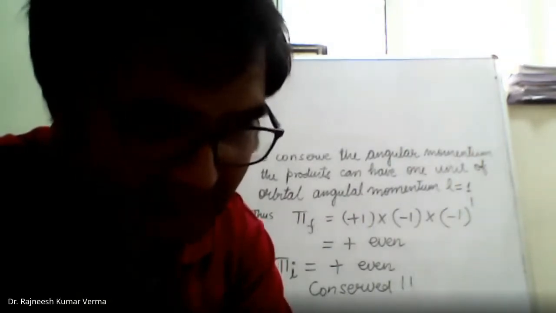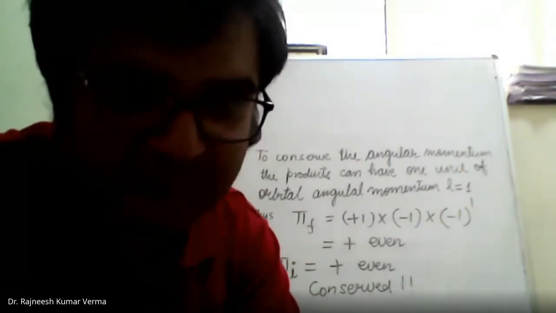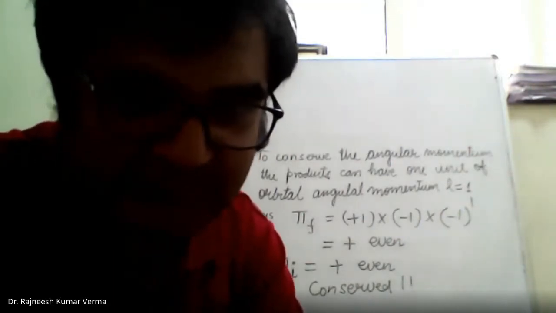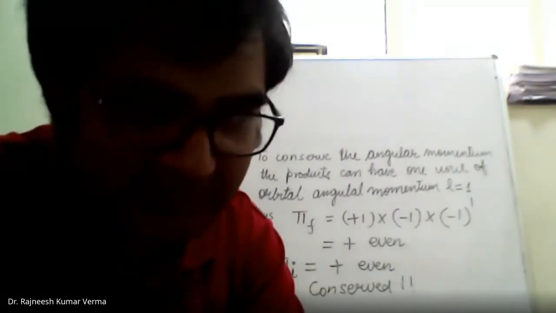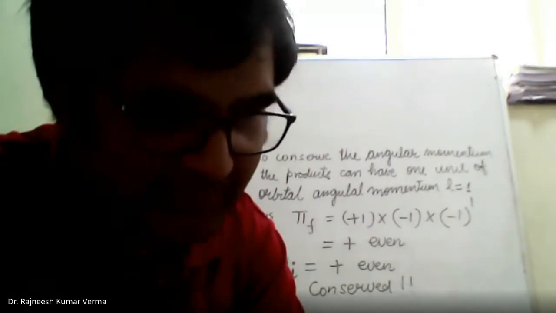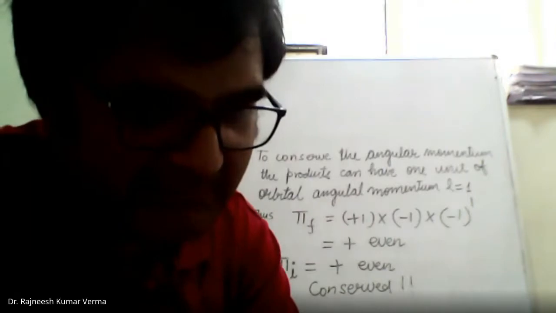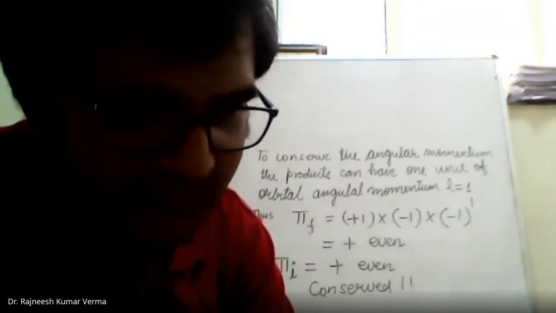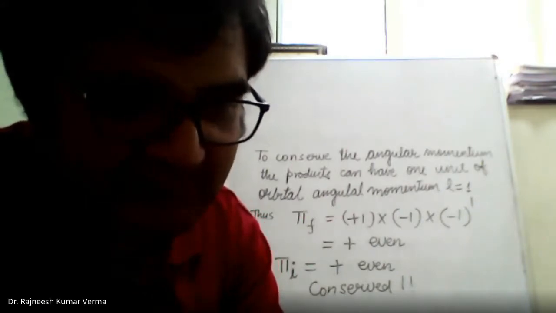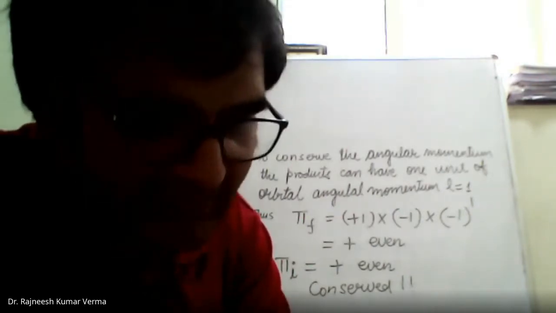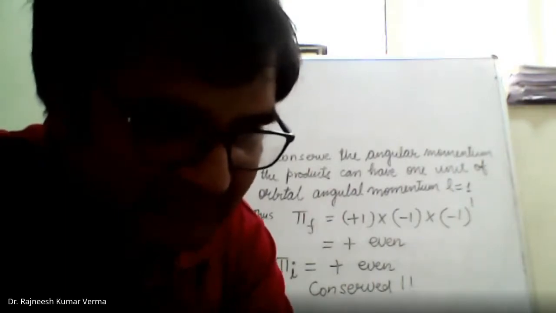It is seen from the spin quantum numbers that we require one more unit for the products in order to conserve angular momentum. Actually, we can have one unit of orbital angular momentum to conserve the total angular momentum. That is why we are saying that L is equal to 1 in the form of some excitation of products. In that way, there is a possibility that angular momentum can be conserved.